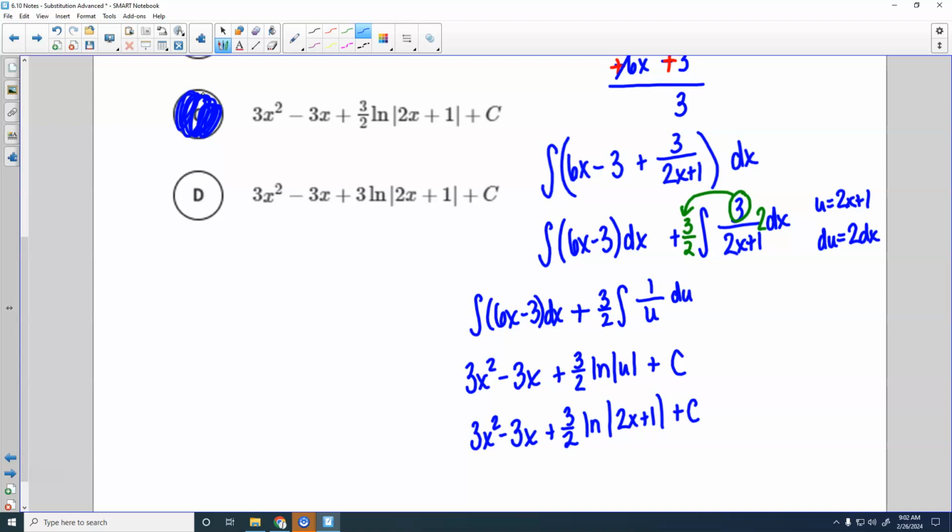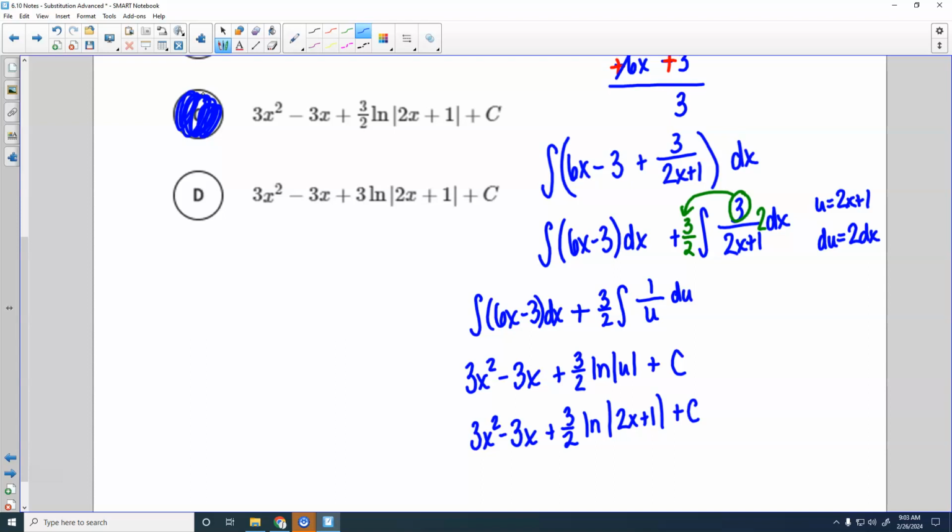If it was something besides 1 over u, like if it was 1 over u squared and you were having to do negative exponents and there might be a fraction to come up, you would need to keep working. But because we know it's just 1 over u and it's going to be natural log of u, you'd be okay for that.